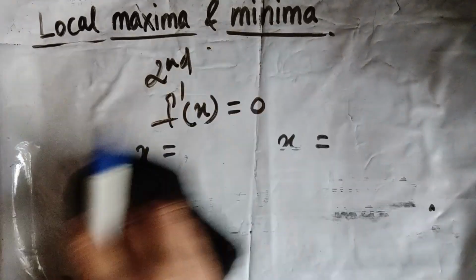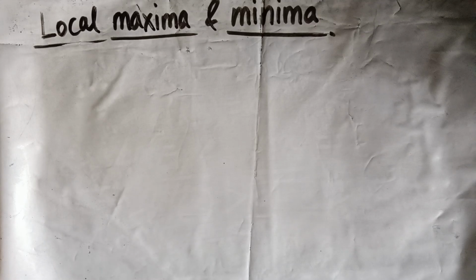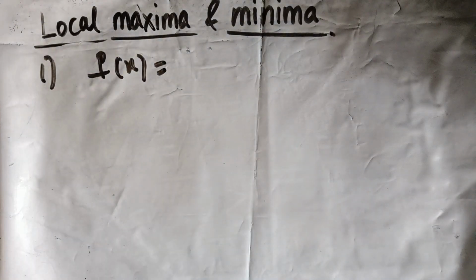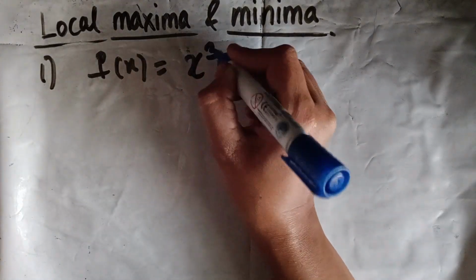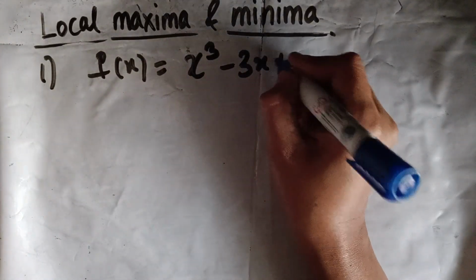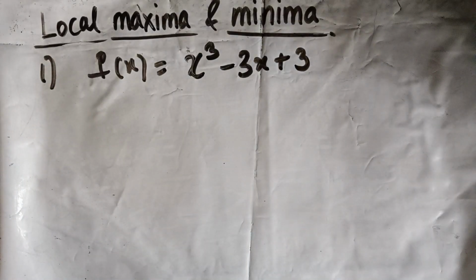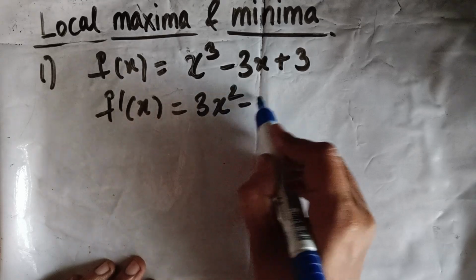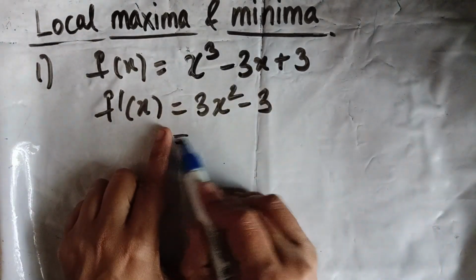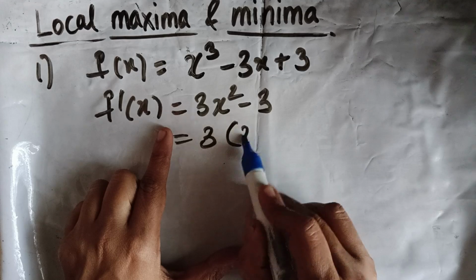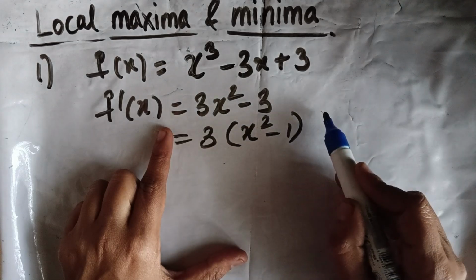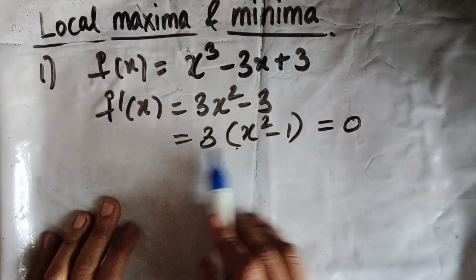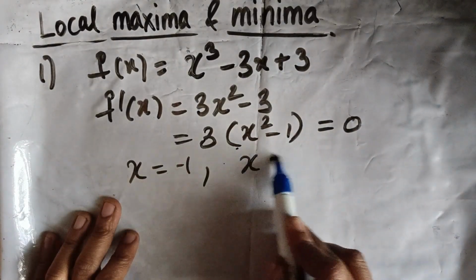Okay. Let's solve one problem. I'm taking a question from the textbook. So finding f dash of x, put it equal to 0. So we'll get x equal to -1 and x equal to 1.